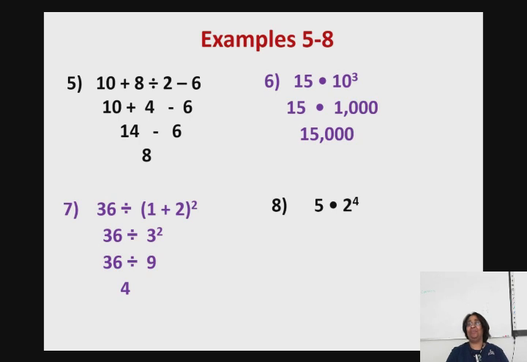Okay, so what do I do on number 8? That's 2 times 2 times 2 times that's 2. 64. Write it down. 2 times 2 times 2 times 2. You're going to have 2 multiplied by itself 4 times.